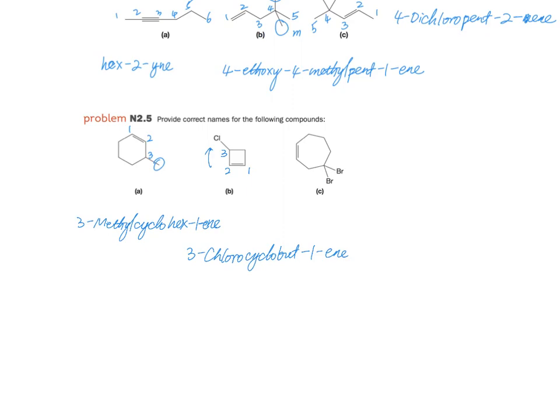Alright, the last one, clockwise or counterclockwise? Probably this direction would give bromine a smaller number, so I will number it clockwise. Clockwise, yes. No, actually counterclockwise. So bromine would be on carbon 4.